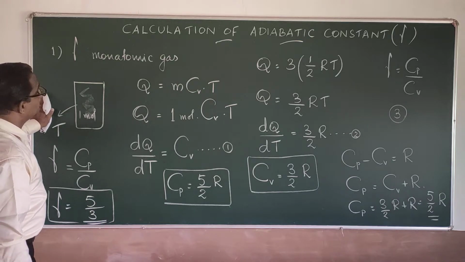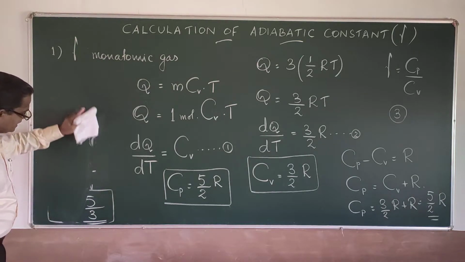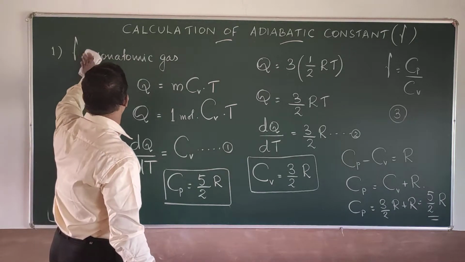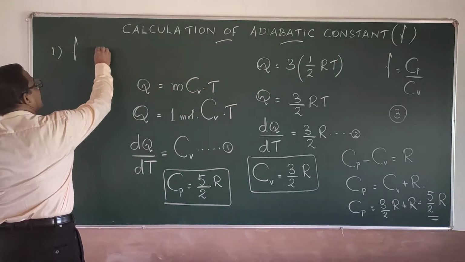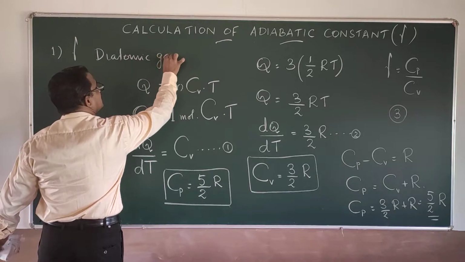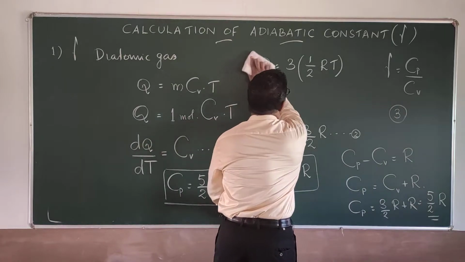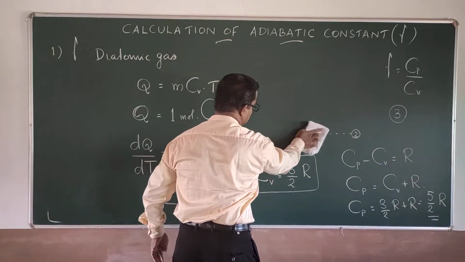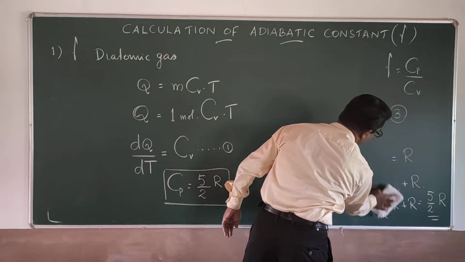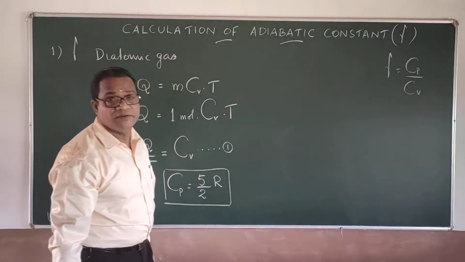Then if I take the case of diatomic gas, gamma for diatomic gas, what changes are coming there? By now you might have understood the variation: if I take diatomic gas, the number of degrees of freedom will be changing.